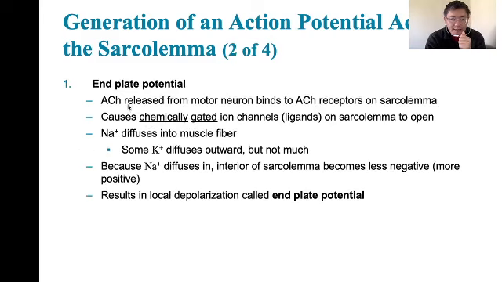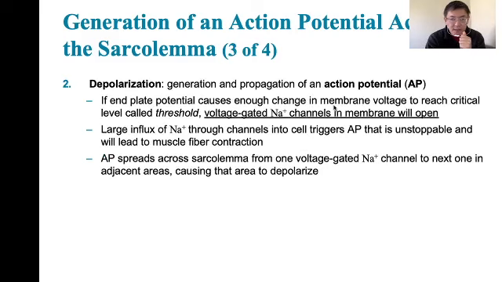We have mentioned that the end plate potential is generated by the opening of acetylcholine receptors. Then the end plate potential can travel to the adjacent sarcolemma to stimulate the sodium channels and let them open, allowing sodium ions to rush into the cells to generate the action potential.